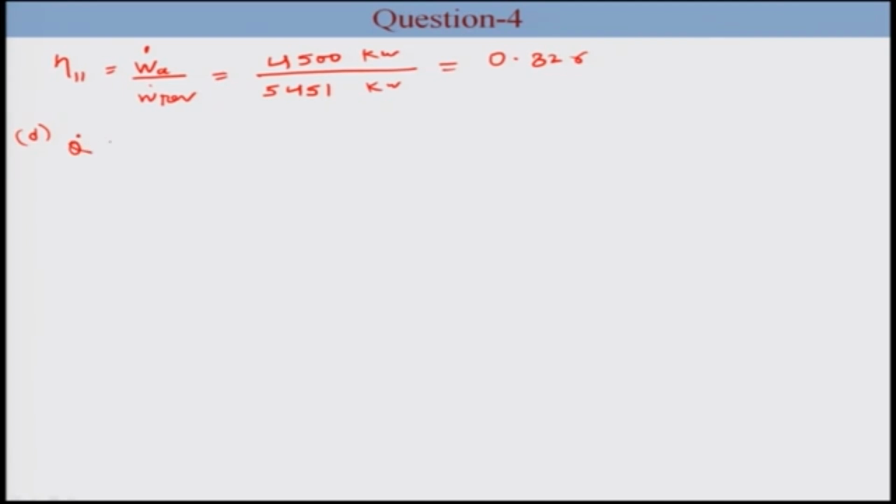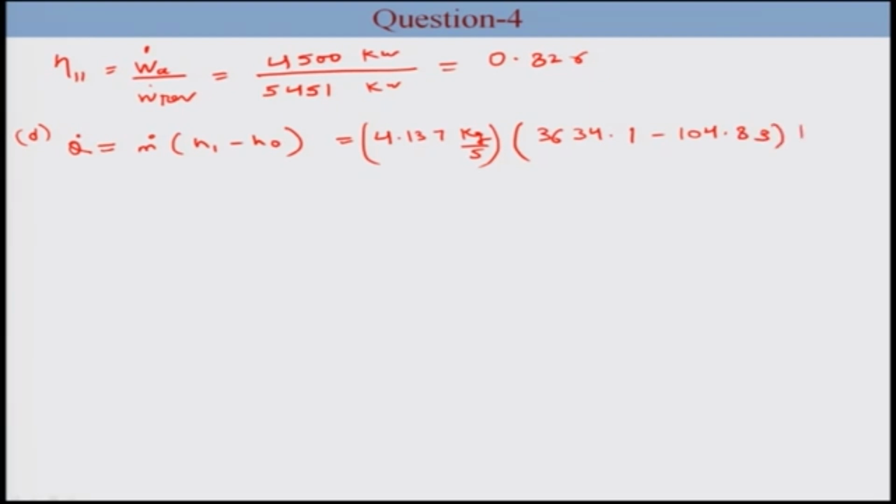This is Q dot, which is equal to m times (H1 minus H0). We know the mass flow rate is 4.137 kg per second, and H1 minus H0 is 3634.1 minus 104.83 kilojoule per kg. So this is equal to 14602 kilowatt.